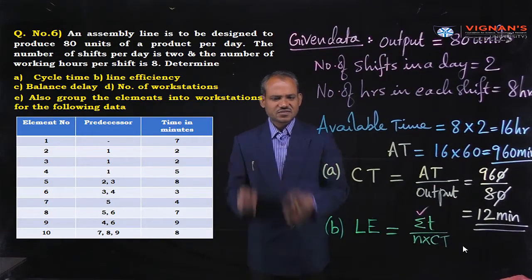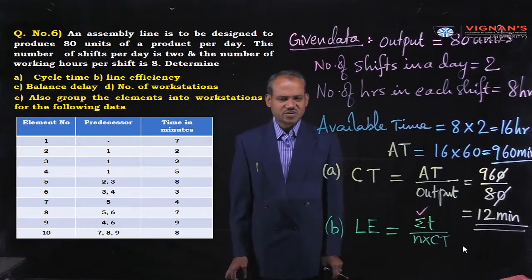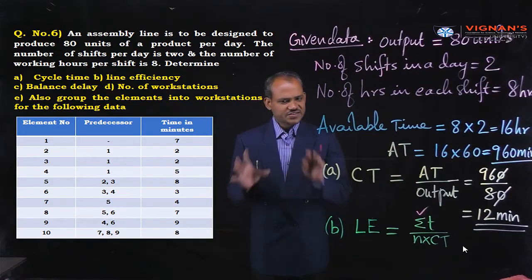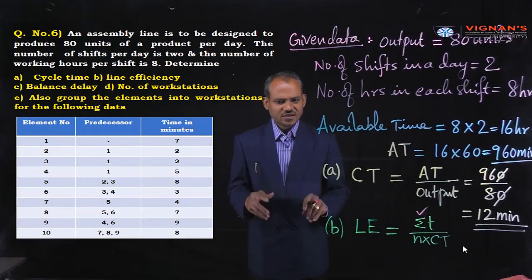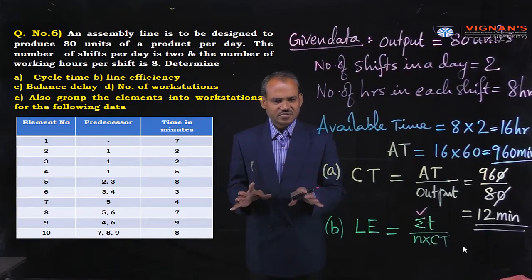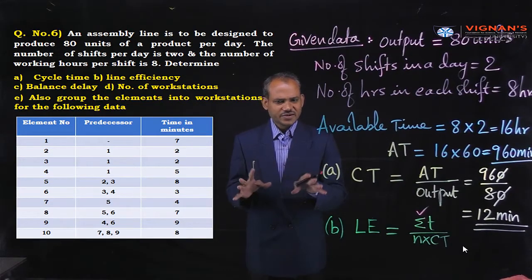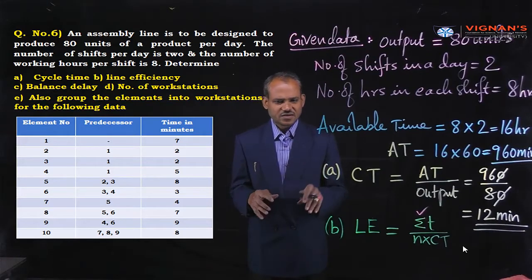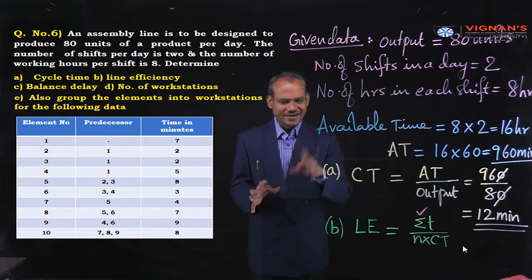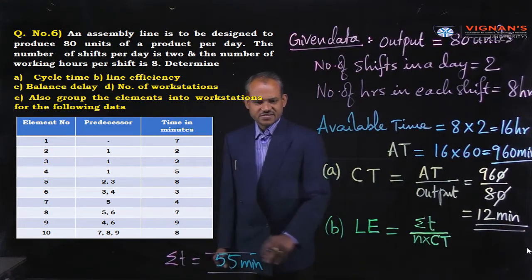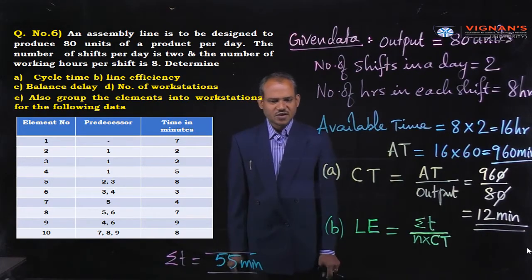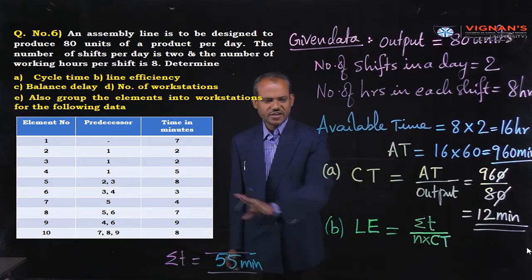From this table, there are 10 elements, and for each element the times are given in minutes. Simply add all the timings.